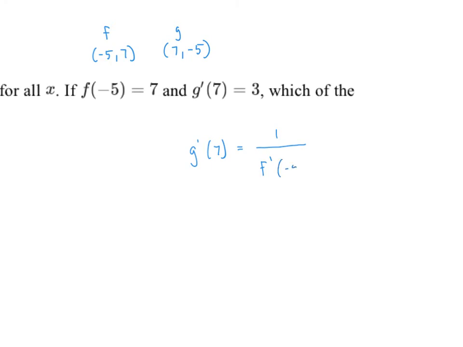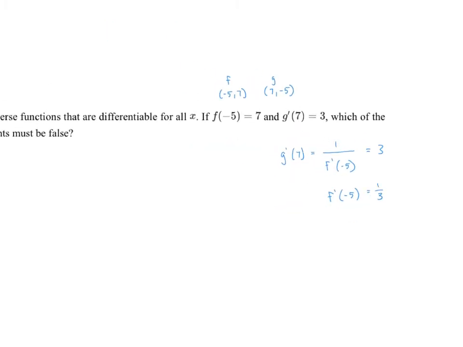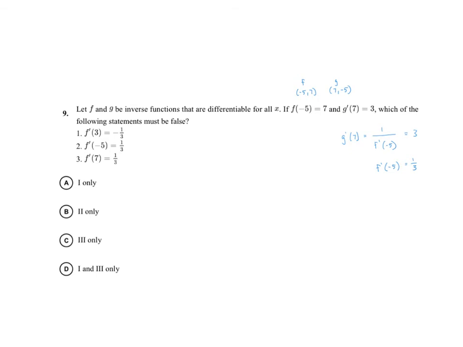Since g prime of 7 equals 3, that means f prime of negative 5 has to equal 1/3. So when they ask which must be false, we know it's not number 2, because number 2 is true.